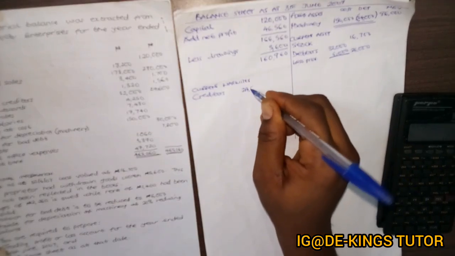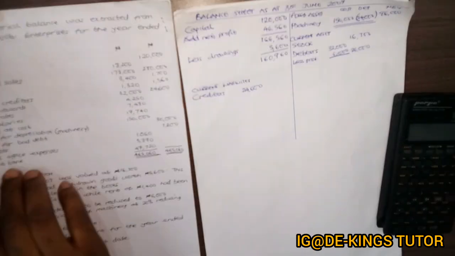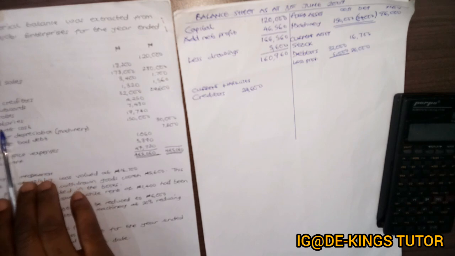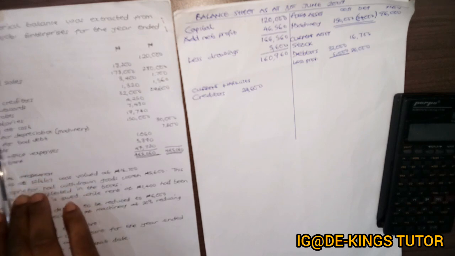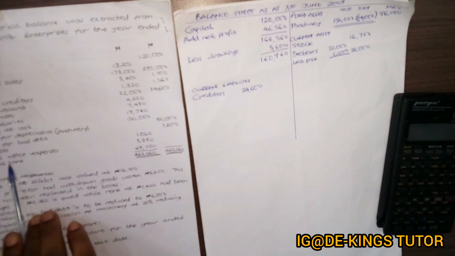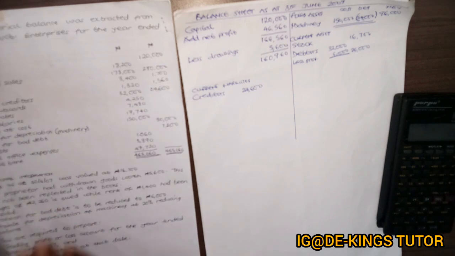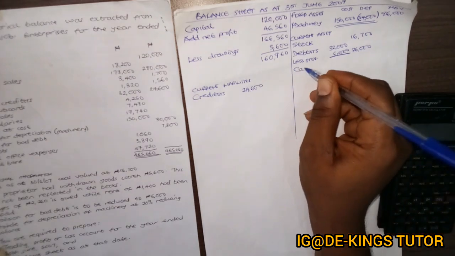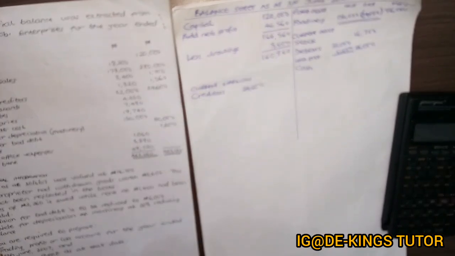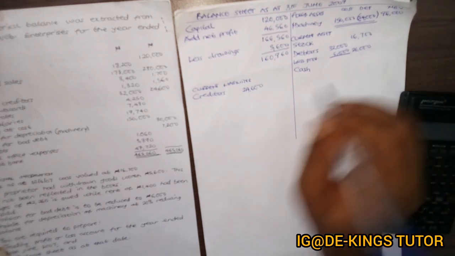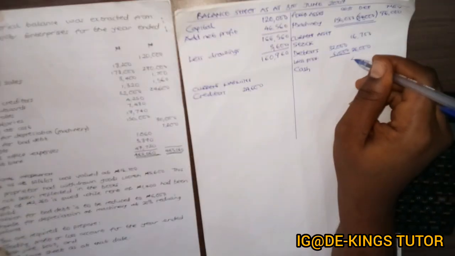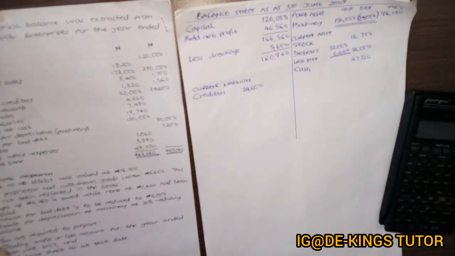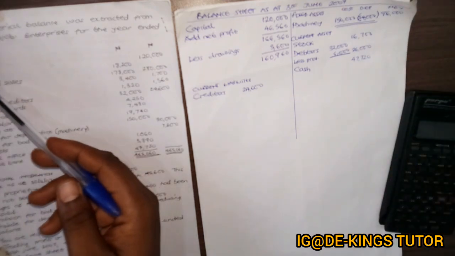Now if you count down, we have cash at bank as 47,720.